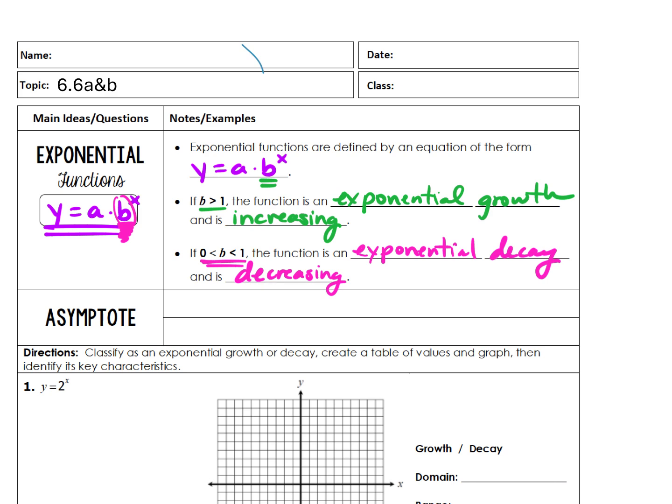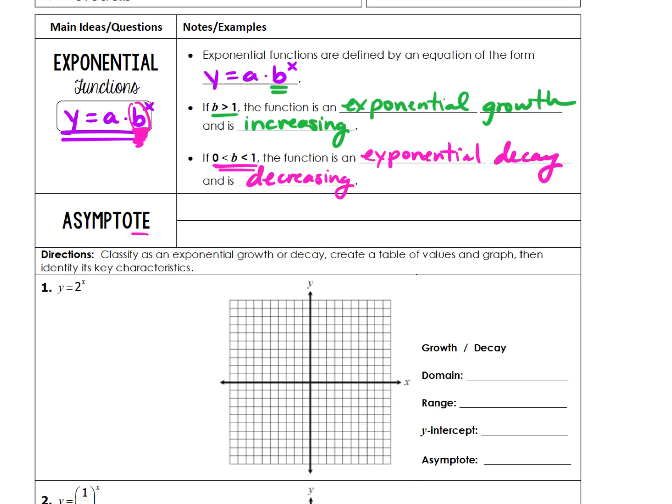If that number is a fraction between 0 and 1, I have to think about this backwards now. For you guys, it would be going something like this. The numbers go and then all of a sudden they drop off. That's moving left to right for you, right? Whereas an exponential growth, if that number is more than 1, it's going to look like this. It's going to be moving left to right and then all of a sudden it shoots up. So exponential growth versus exponential decay.